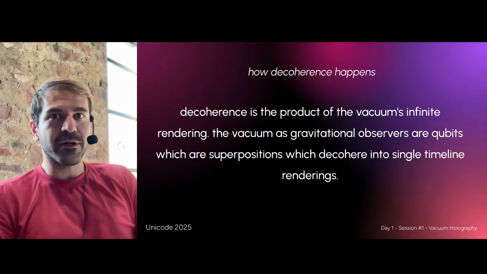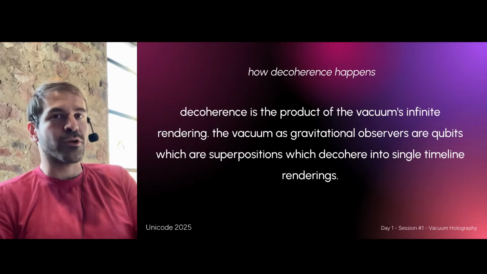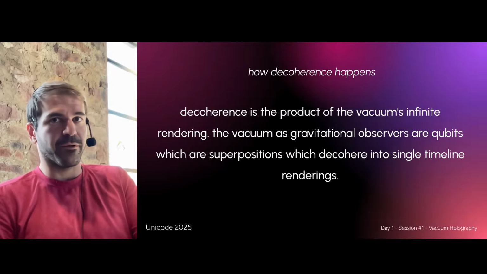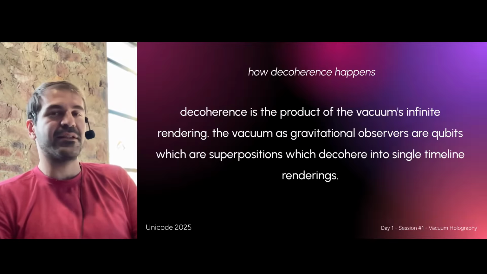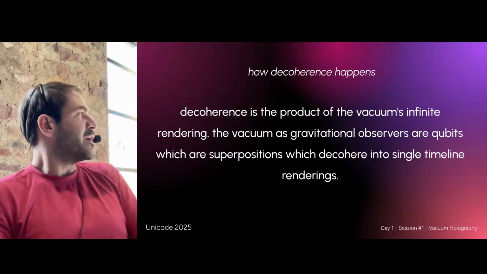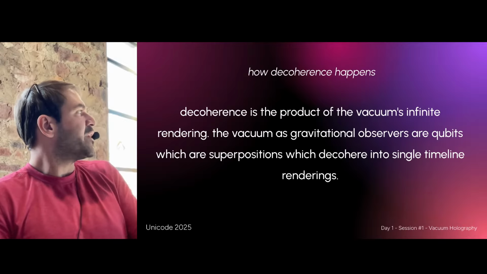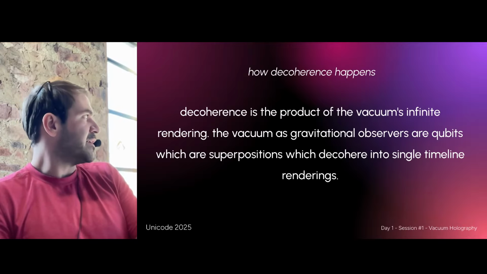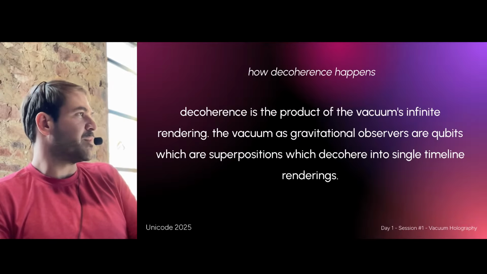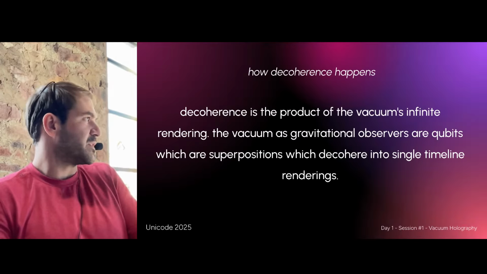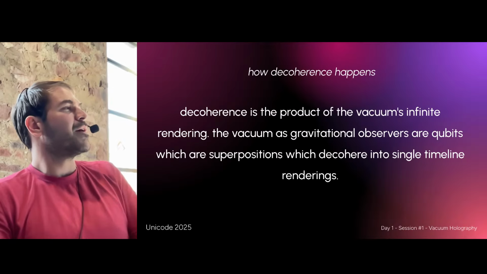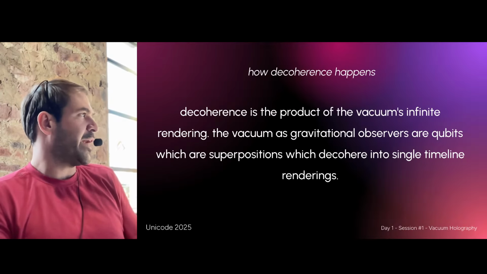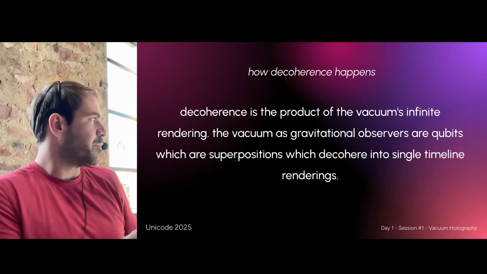You need an observer to decohere a superposition. The only coherence is the observer, the vacuum. That's the only form of infinite coherence, the gravitational singularity. And the decohering of it can only happen through the observer's rendering of appearances.